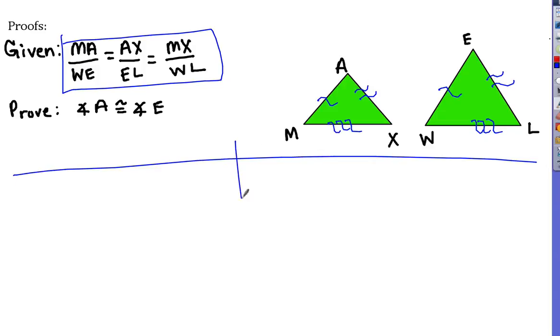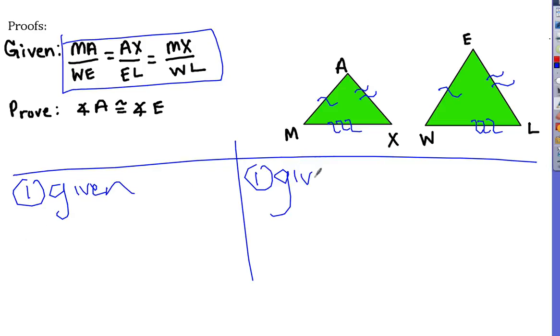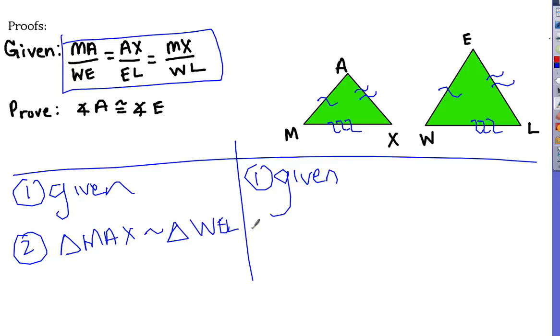So just looking at what you were given, you already know that the two triangles are similar. I was given all three pairs of sides, the proportions, so that would mean that triangle MAX, naming it in the right order is important, and WEL, are similar by SSS similarity. And angle A would then be congruent to angle E.